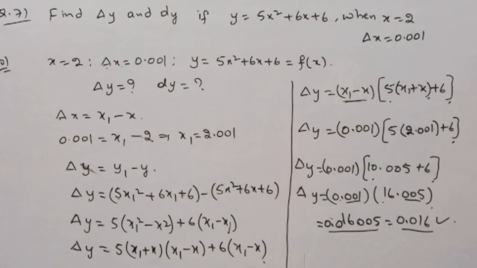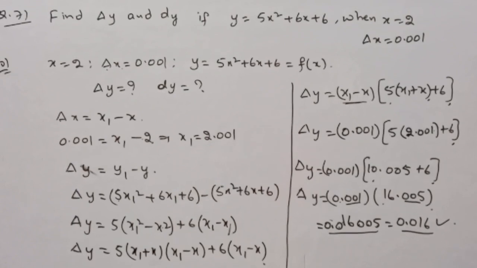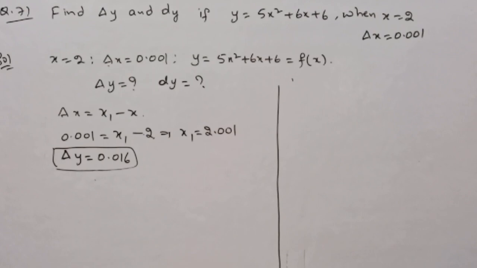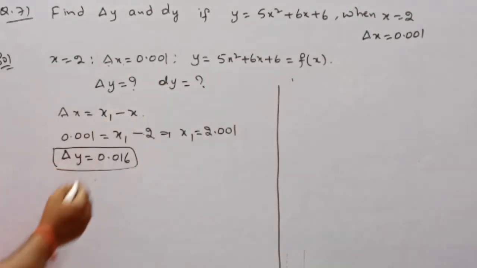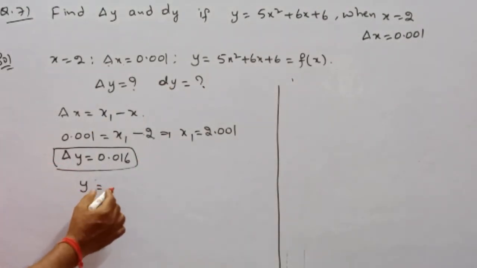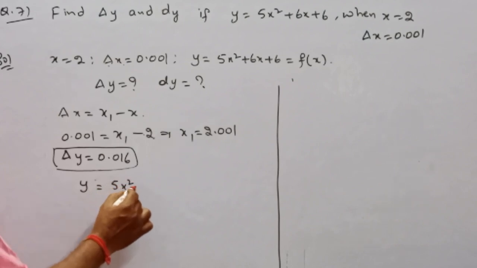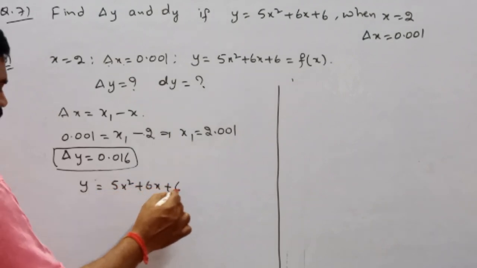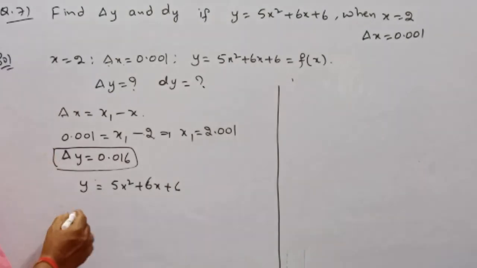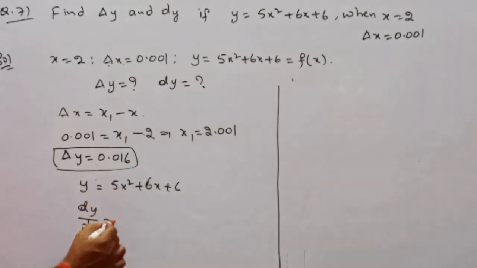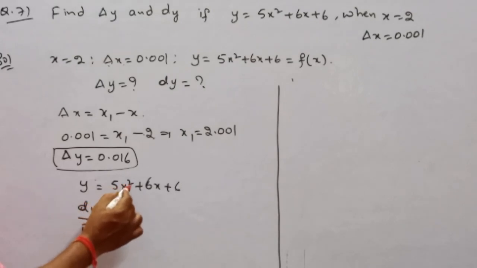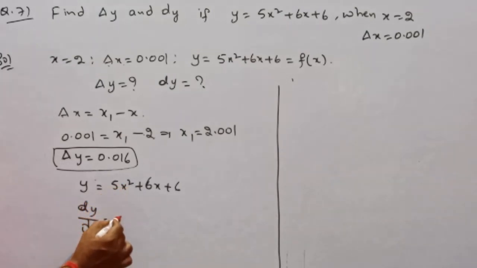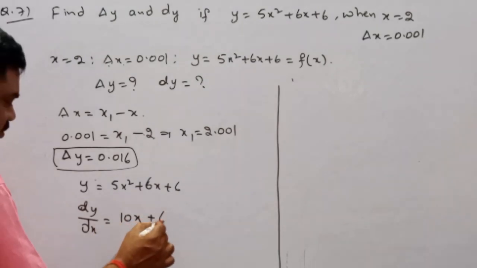Okay, all of you. Then after we have to find dy. Here y is equal to 5x square plus 6x plus 6. So dy is equal to what? Dy by dx, differentiate with respect to x. 5 into 5x square derivative 2x, this is 10x plus 6.